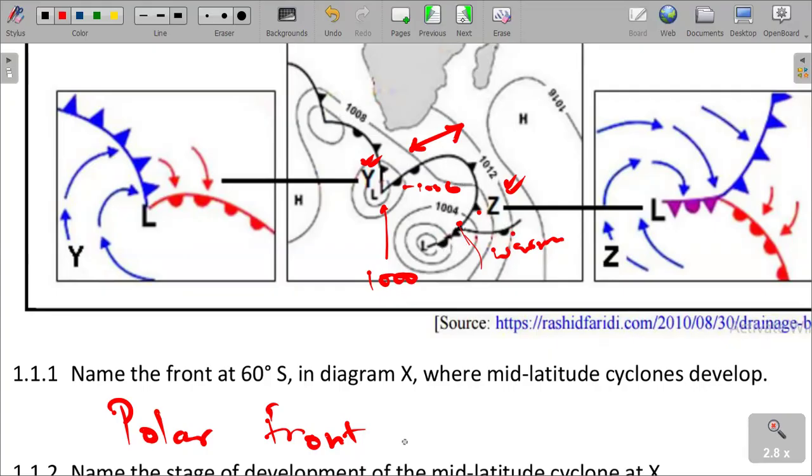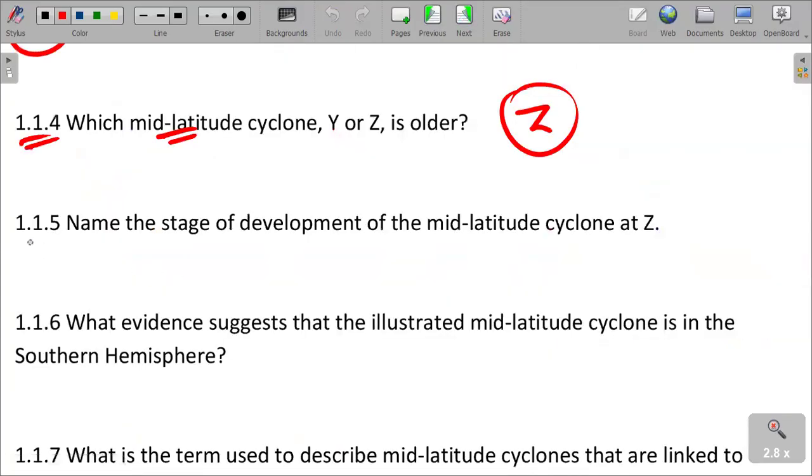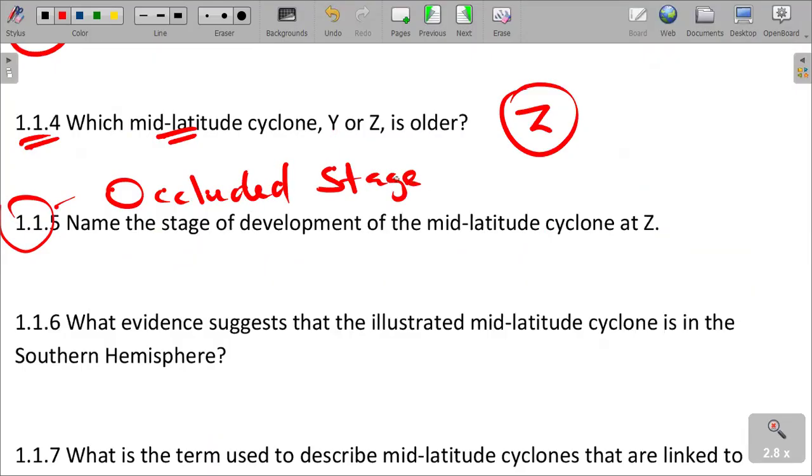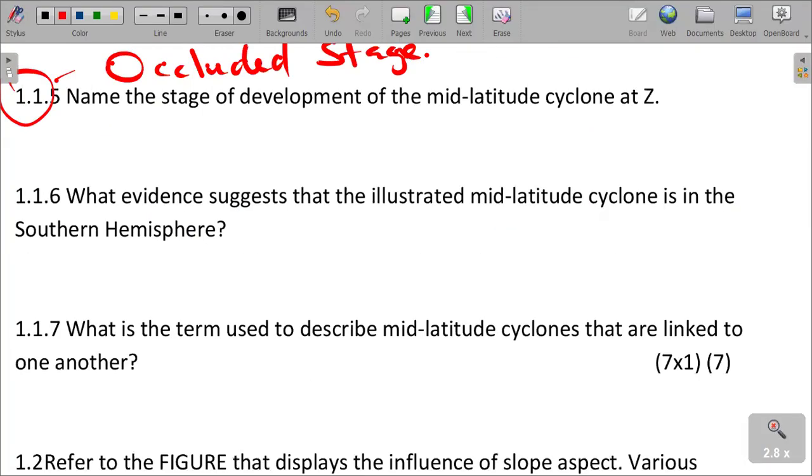And then what we need to understand is that this identifies the occluded stage. It's the occluded stage.